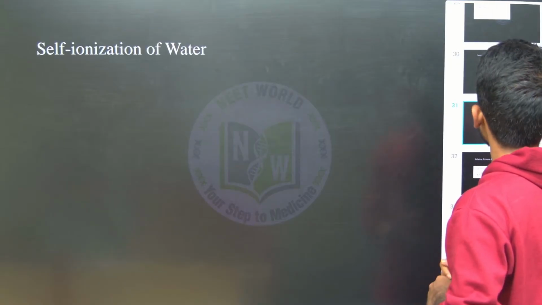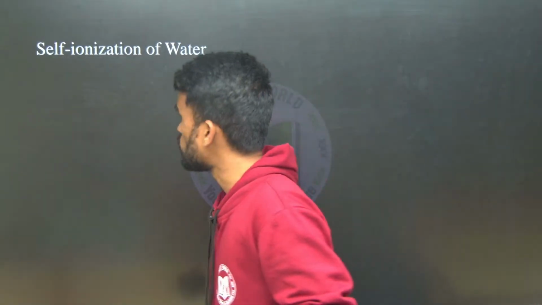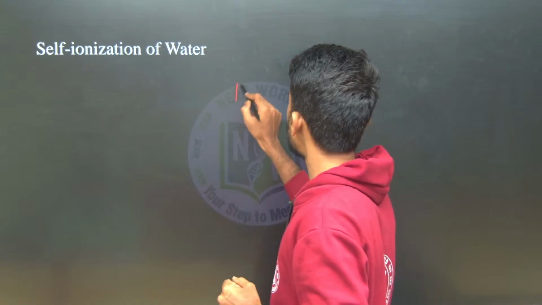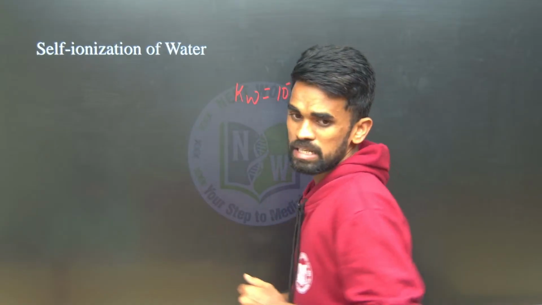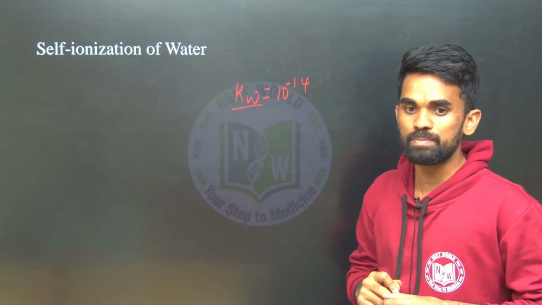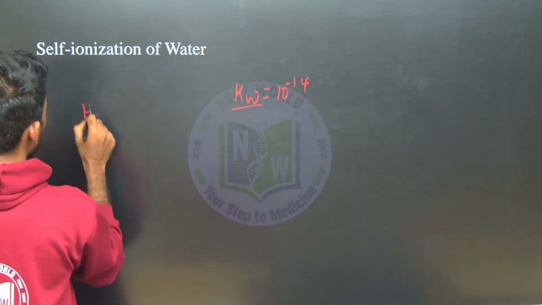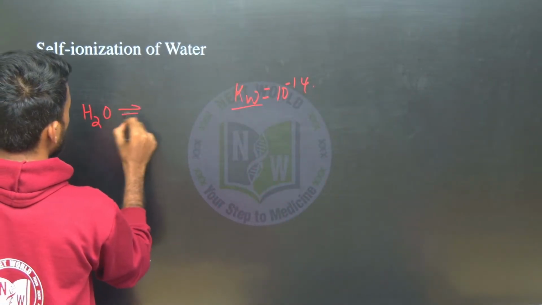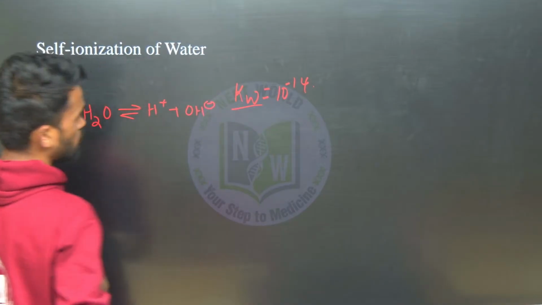So what about the self-ionization of water? What are the ions formed? H plus and OH minus. The ionic product of water at 25 degrees Celsius is found to be 10 power minus 14. When water undergoes ionization, we get one H plus and one OH minus ion.